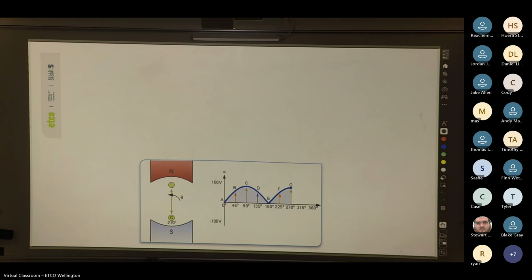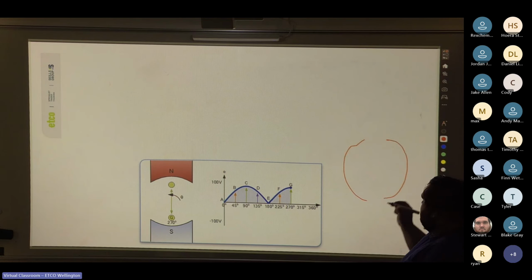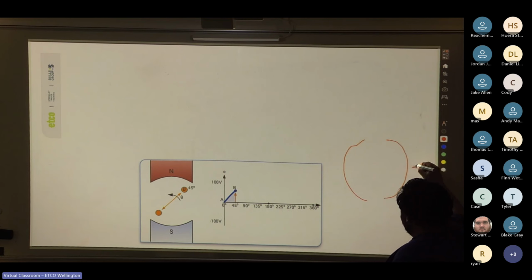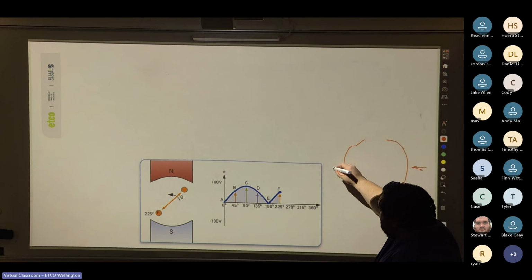If we look at those two commutator rings we were talking about just before, this is a 1D view. We've got a connection point here and a connection point here, so this is our negative and this is our positive. Right now the coil, we'll call this the coil, is flat.